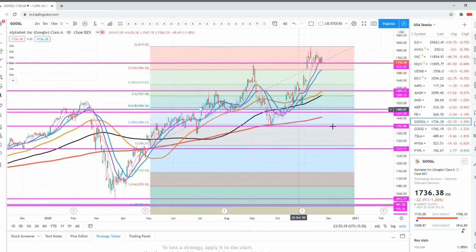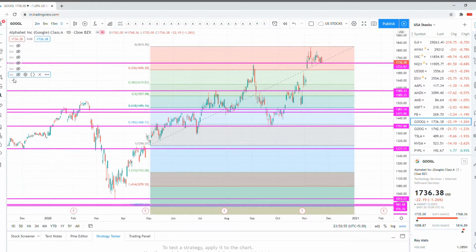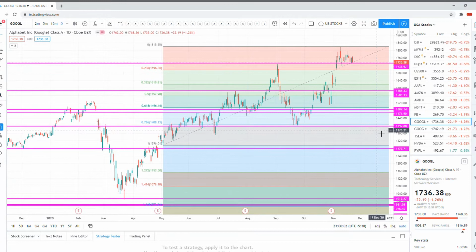So just keep in mind these areas for Alphabet Class A. That will be really helpful for you guys. That's what I wanted to mention about all these moving averages, and that's the most important thing I want to discuss.